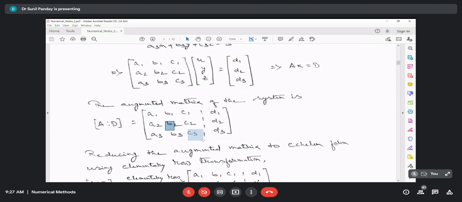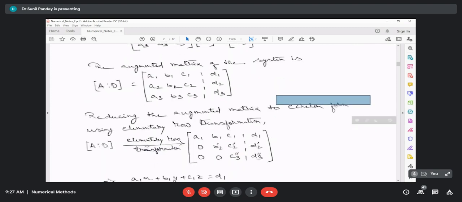And in echelon form, this is our first diagonal entry, and we try to make 0 below it, and then this is our second diagonal entry, and we make 0 below this. And if our entries below the diagonal elements are 0, then we say that our matrix is in its echelon form.